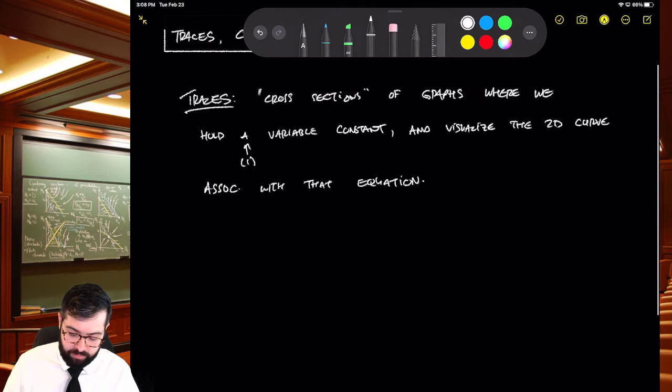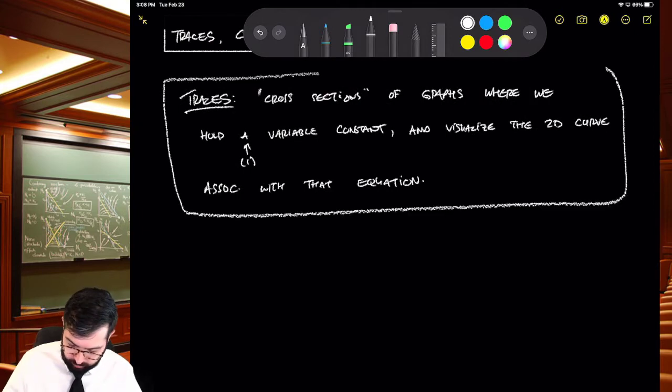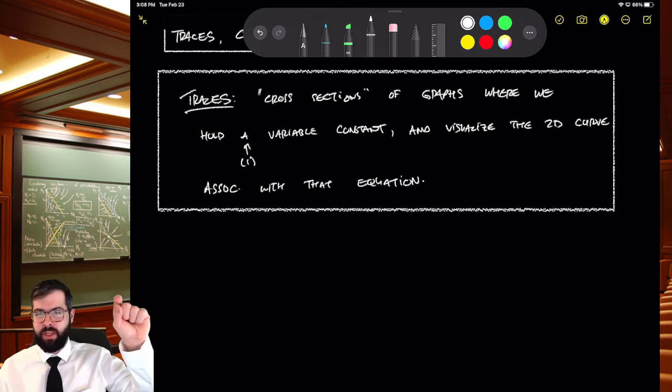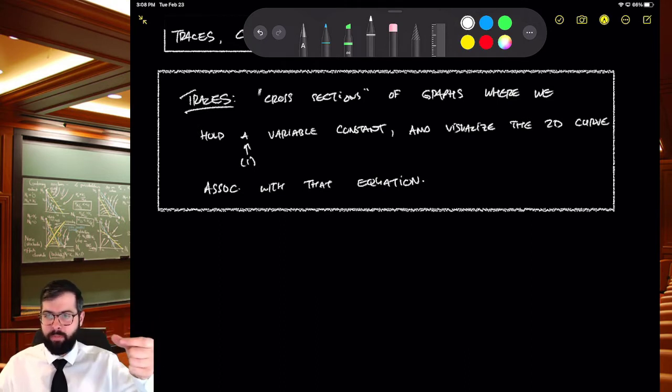And I'll give you examples of how that works. And we've actually kind of done this in class already, or at least I've done it when lecturing, to say let's pin z to a certain fixed value and see how x and y vary, right?